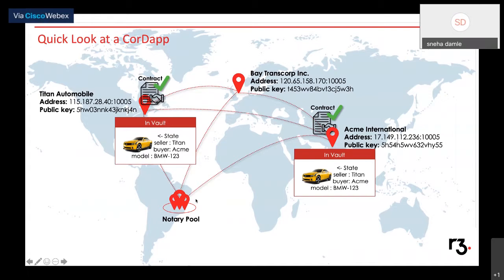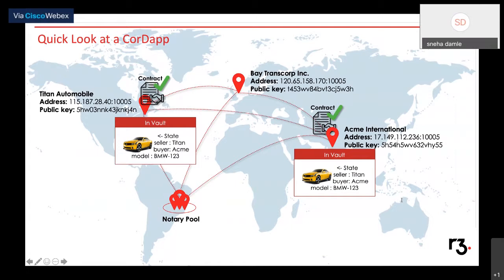Ideally, Titan will execute this contract on his side. If he thinks the contract succeeds, and all the rules written in the contract, pre-decided with Acme, are fulfilled, then he will simply sign the transaction with his key.